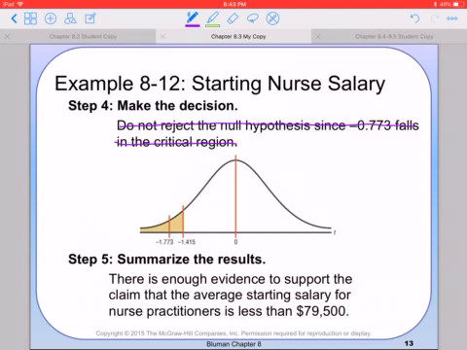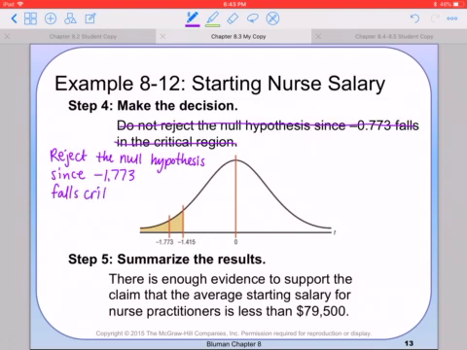We want to reject the null hypothesis, since this negative 1.773 falls into the critical region.